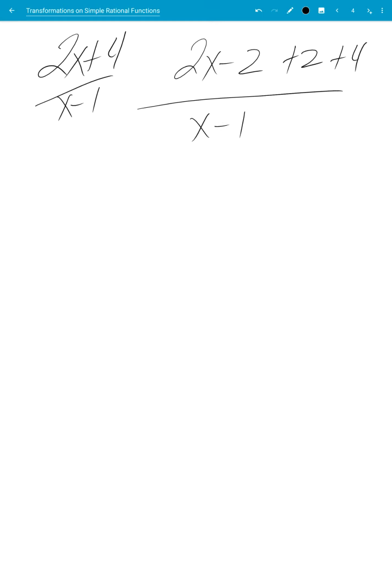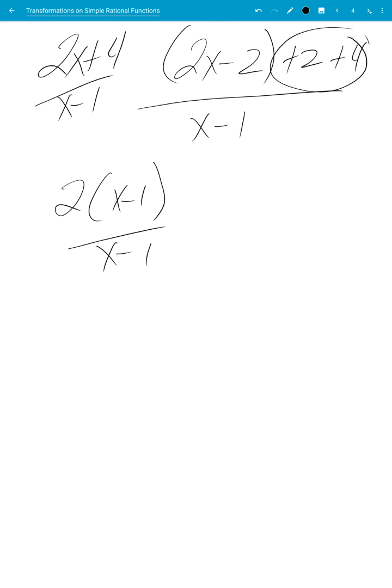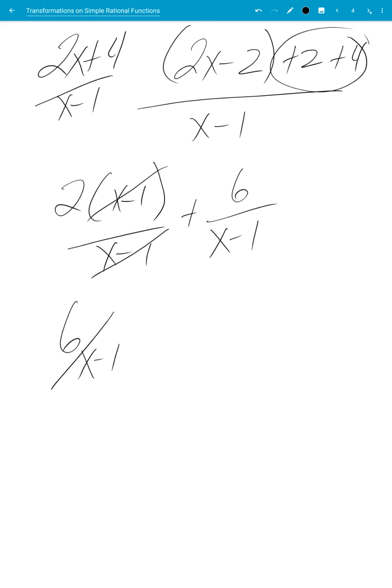And I can regroup, and what I get is 2 times x minus 1 over x minus 1, and then this part here is going to be plus 6 over x minus 1. This, of course, goes to 2, and then swapping the terms so it's in more standard form, I get 6 over x minus 1 plus 2.